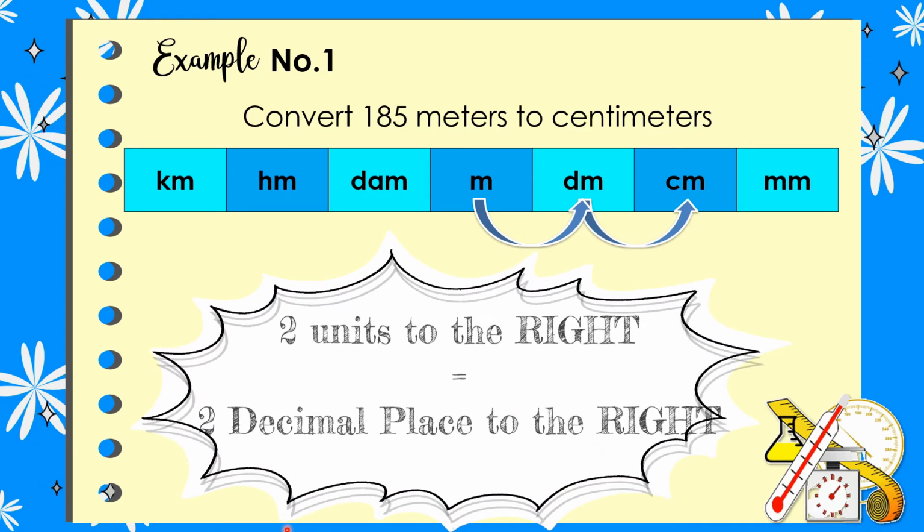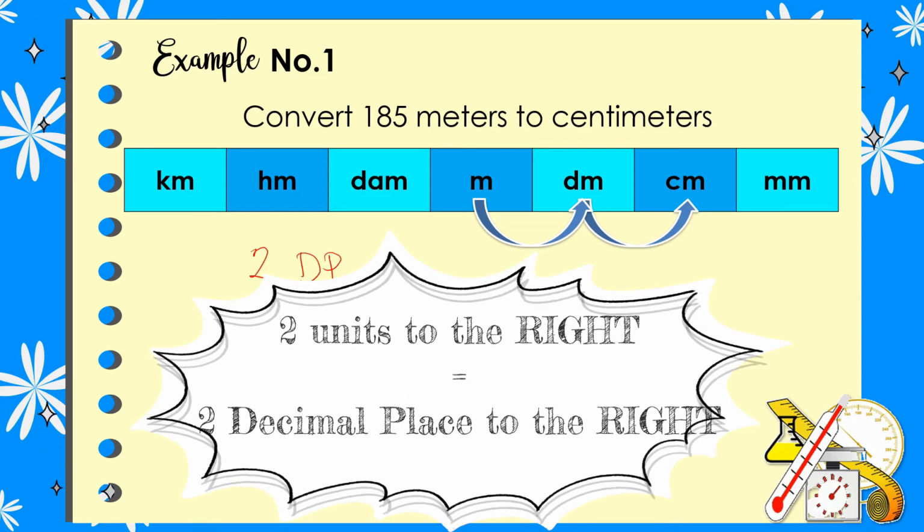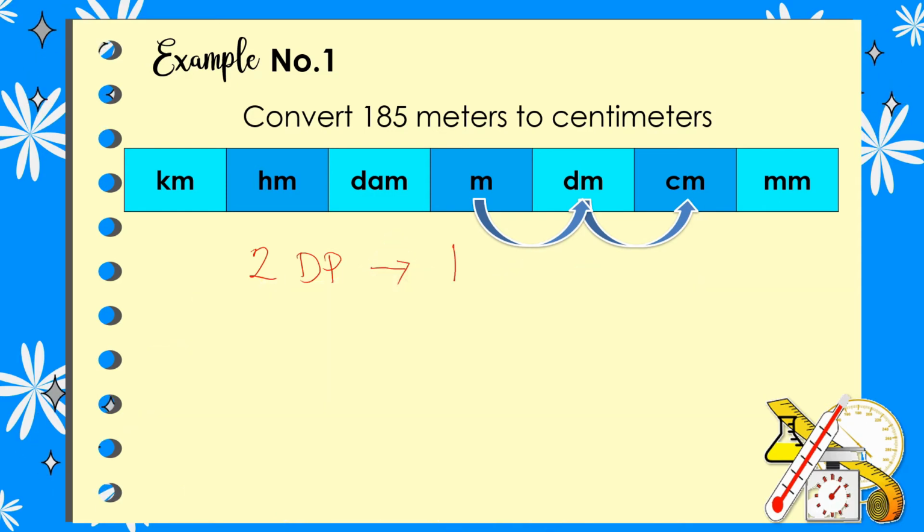So, that would be equivalent to 2 decimal places. At kung ano yung direction natin, ganun din yung magiging direction ng movement ng decimal point natin. So, ang direction natin is going to the right.